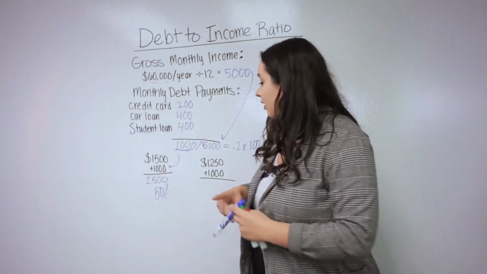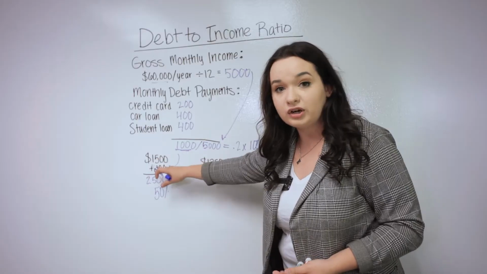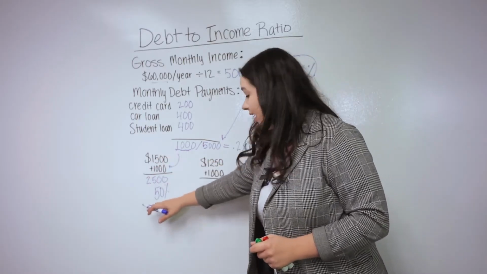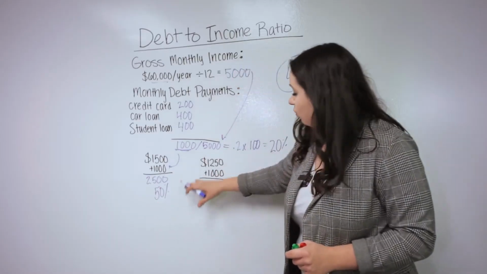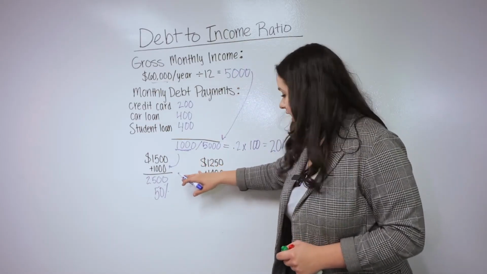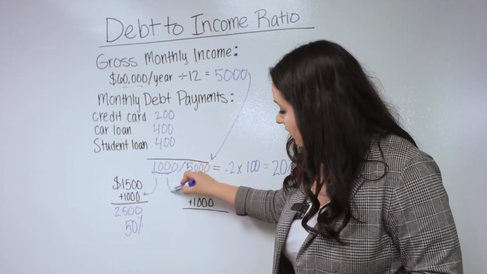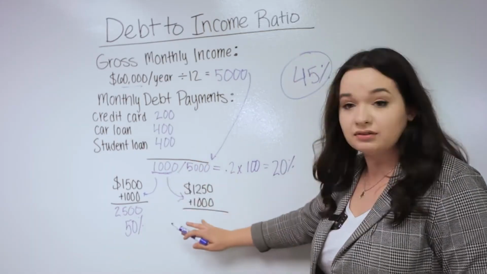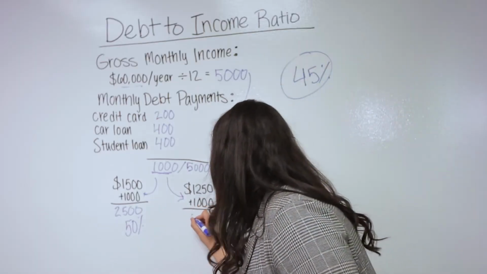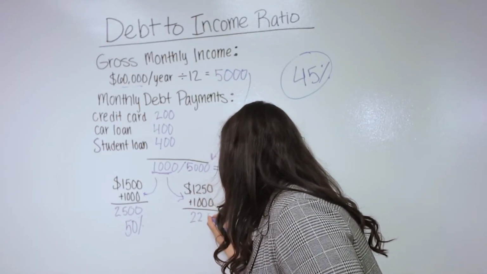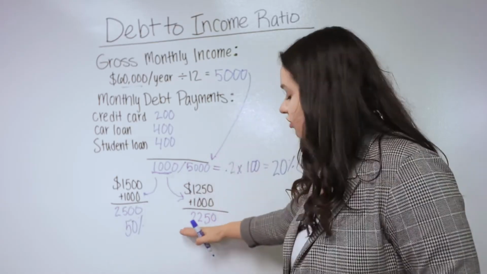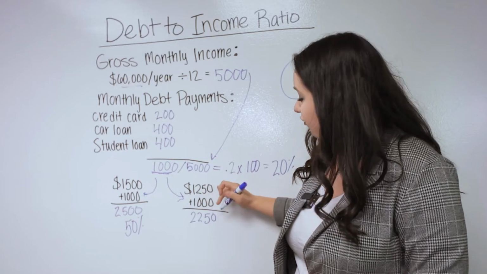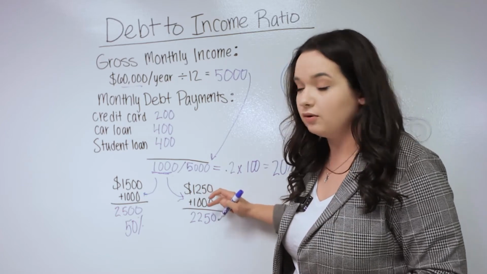So since this $1,500 mortgage payment is a little bit high and it pushes us into a higher DTI, I'm going to work it with a $1,250 payment. So we're going to take the monthly debt payments that we already have, add those together, and that'll be $2,250. This $2,250 is our new monthly debt payments if we have a mortgage of $1,250.